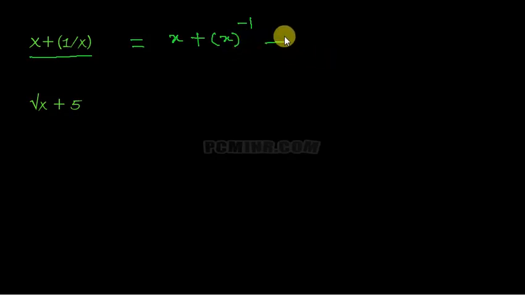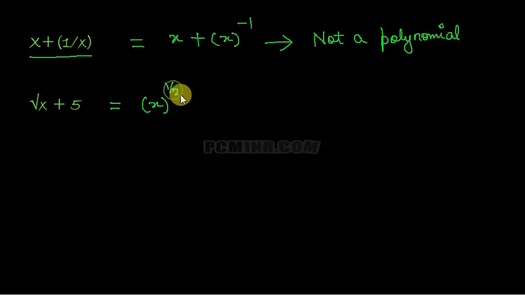So this expression x plus 1 upon x, I would say, is not a polynomial, right? And as you can see, the next expression is square root x plus 5. So the power of x is 1 upon 2, which is again not a whole number. Therefore, I would say this is also not a polynomial.